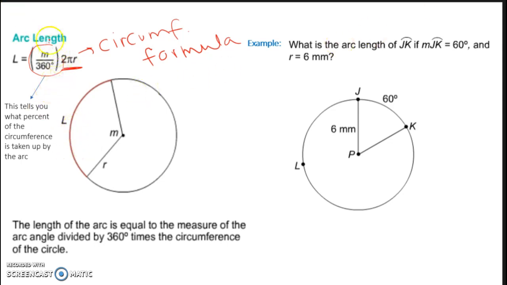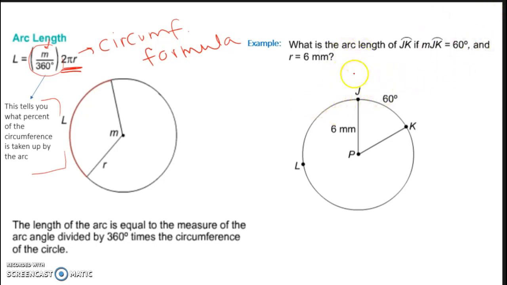So we take the angle measure of the arc out of the entire 360 degrees in the circle, and this will tell us what percent of the circumference is taken up by the arc. So we're taking however much the arc takes up times the circumference formula, and that's going to tell you how much of the circumference is taken up by that arc.